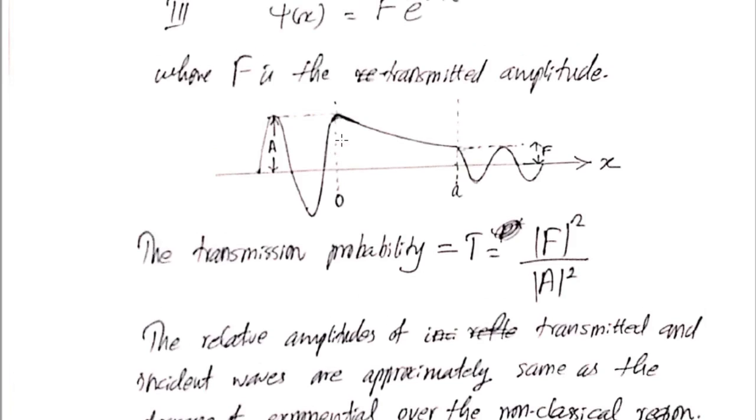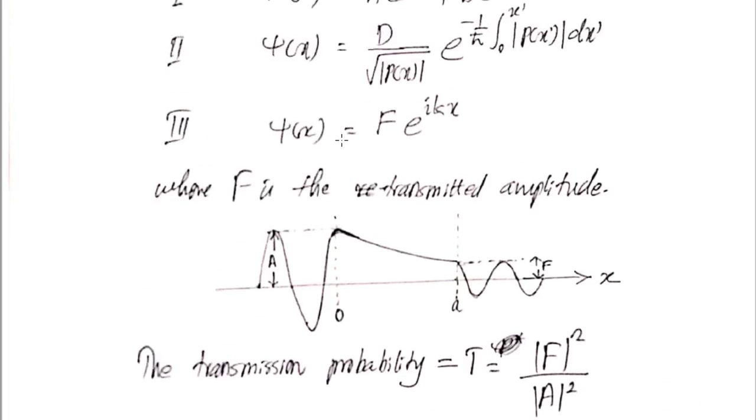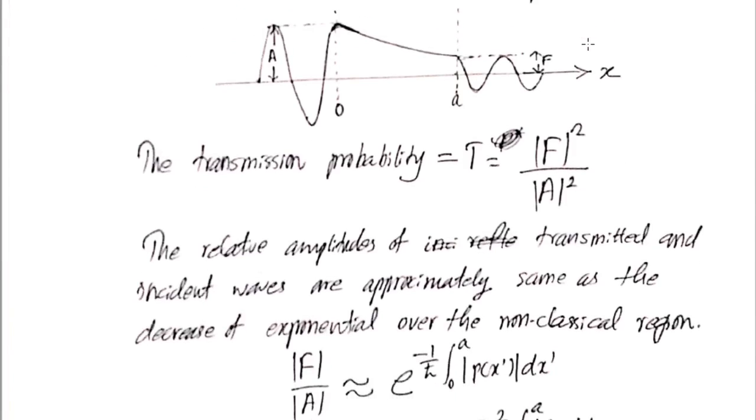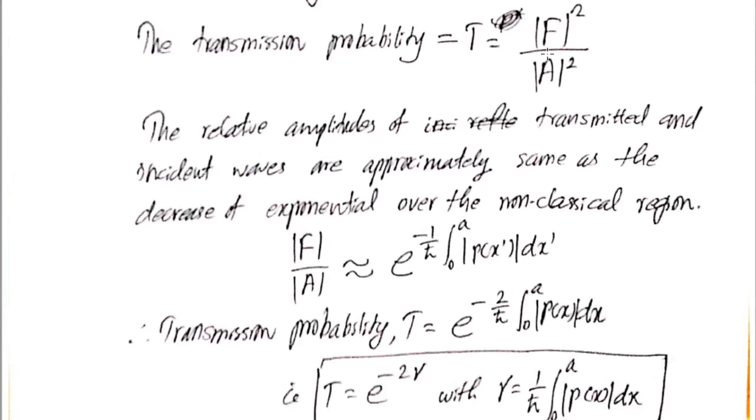These two values can be obtained from region 2. At x equal to 0 it will be d, and at x equal to a it will be almost e raised to minus 1 by h cross integral 0 to a of p of x dx. So the ratio is approximately equal to e raised to minus 1 by h cross integral 0 to a of p of x dash dx dash.